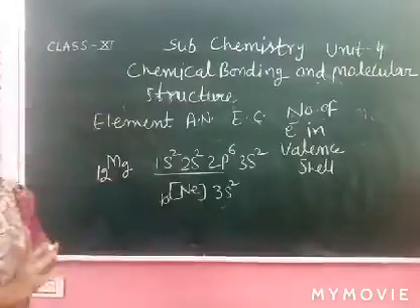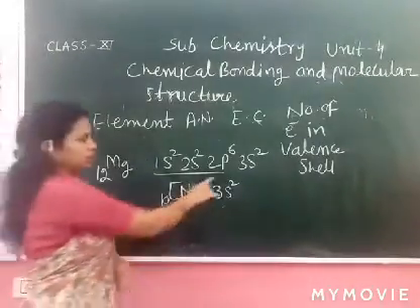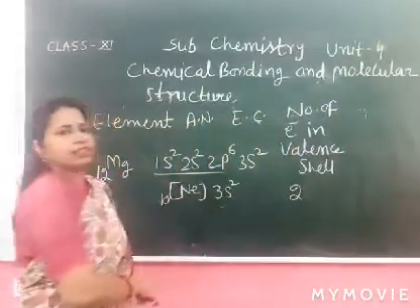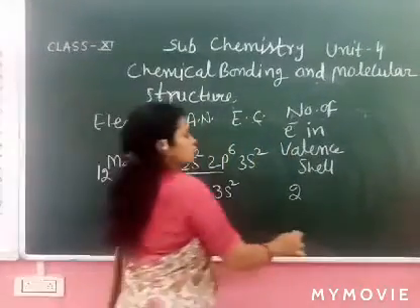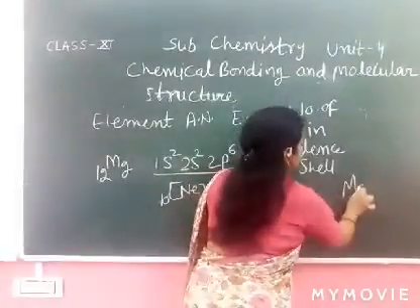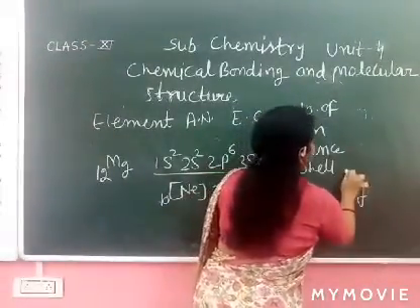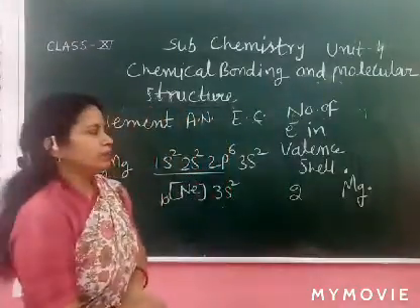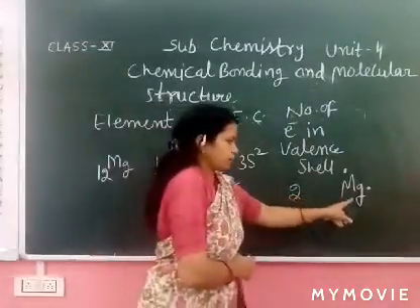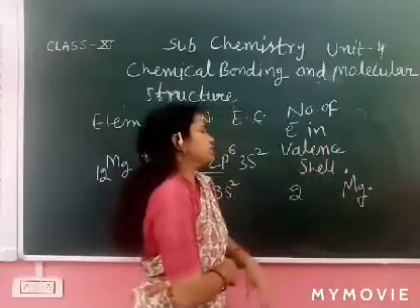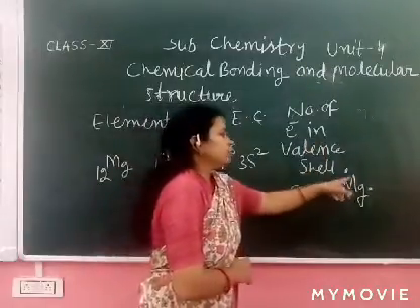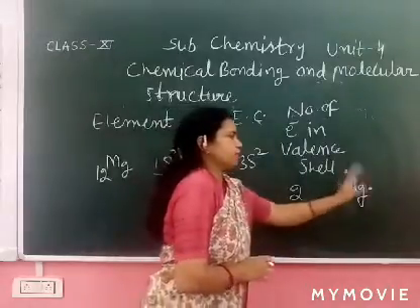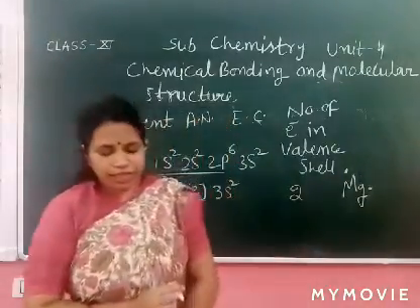Now the number of valence electrons here? 2. So how to represent magnesium by the Lewis dot structure? The magnesium symbol and 2 dots. Draw the Lewis symbol. You can put the dots at any place. So magnesium has 2 valence electrons. The structure is like this.